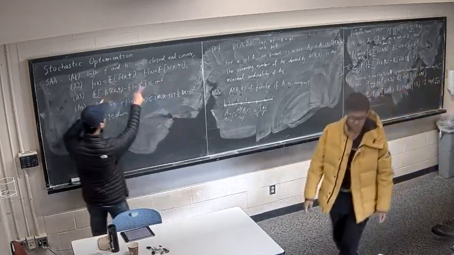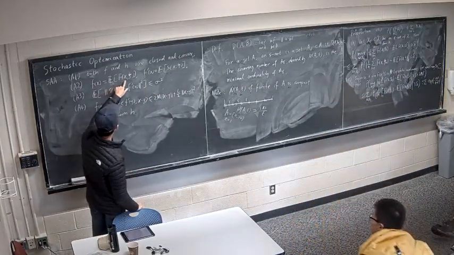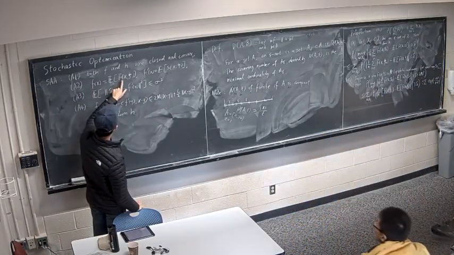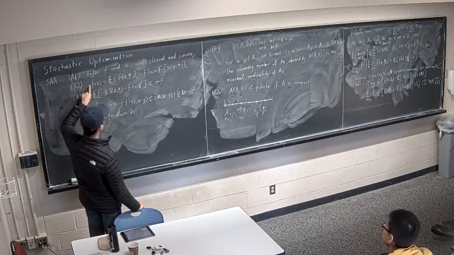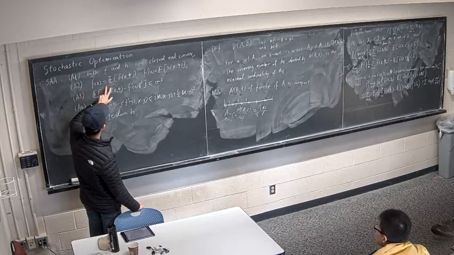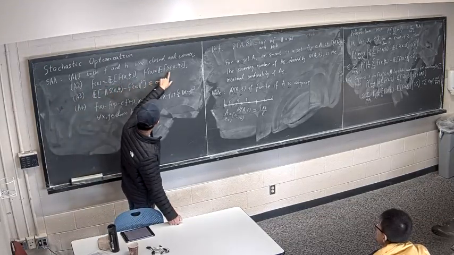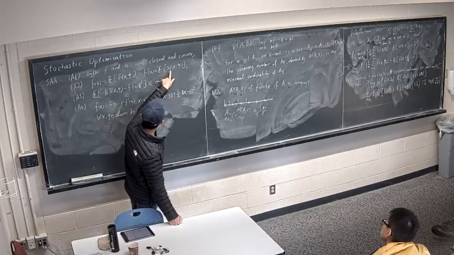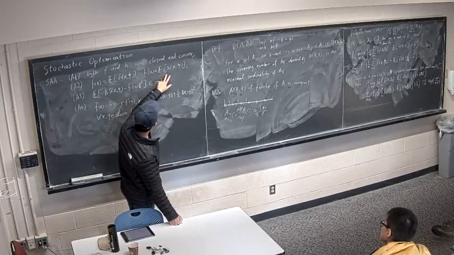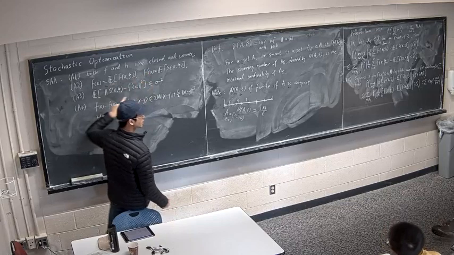And they are both unbiased, meaning that if you take the expectation over c of the stochastic function value oracle, this returns you f of x. This is unbiased. There's no other error, right? And also for the subgradient, if you take the expectation of the stochastic subgradient oracle for fixed x over c, then this is equal to the subgradient of f, which is f prime of x.